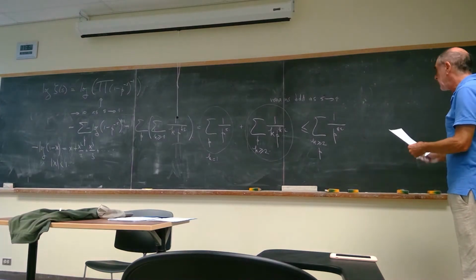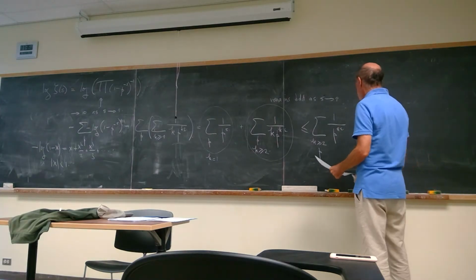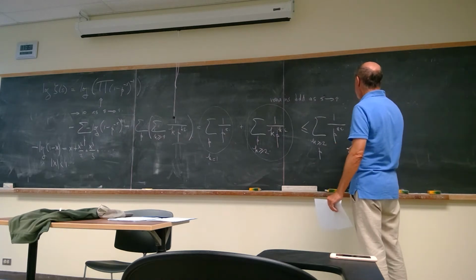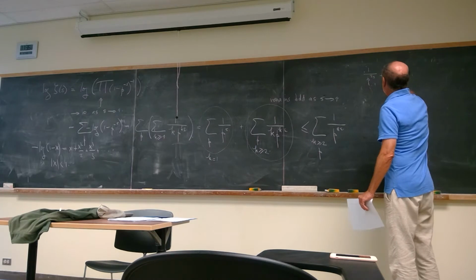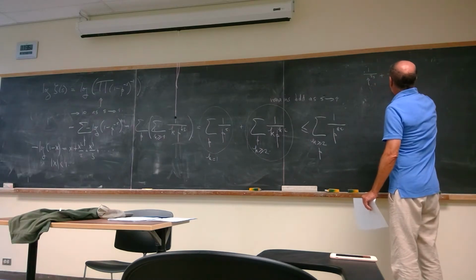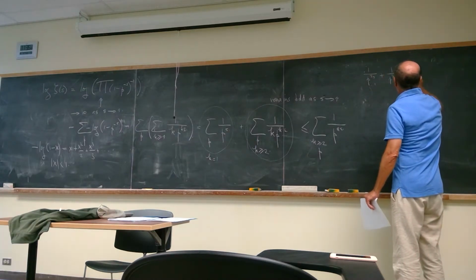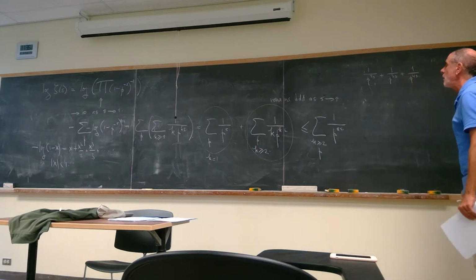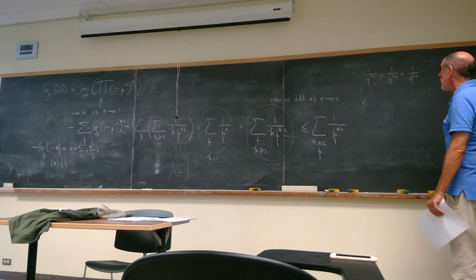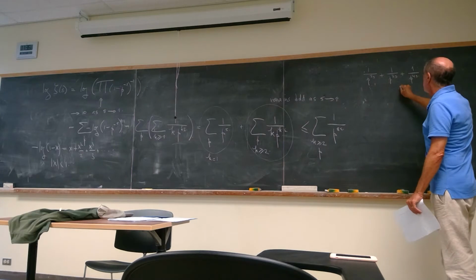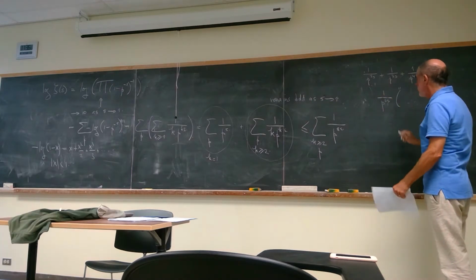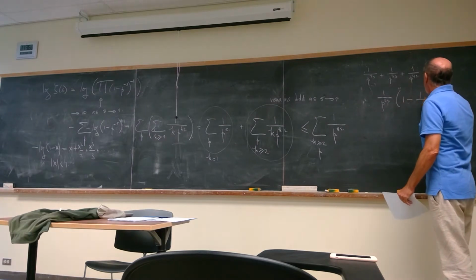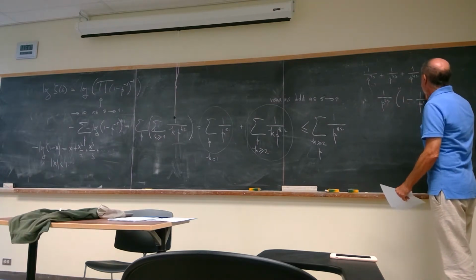Okay, well, what is this series? Well, let's write it out, the term for a fixed prime p. This would be 1 over p to the 2s plus 1 over p to the 3s plus 1 over p to the 4s. So that's pretty close to what we had studied before. It could be written as 1 over p to the 2s times (1 minus 1 over p to the s) inverse, right?